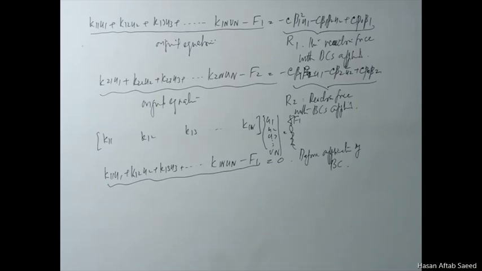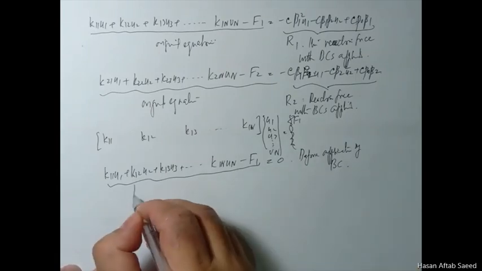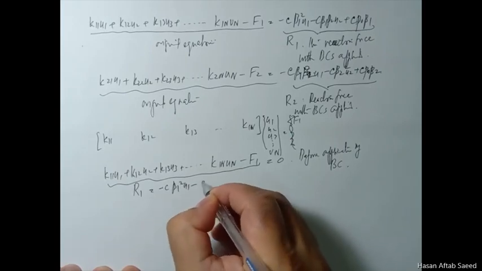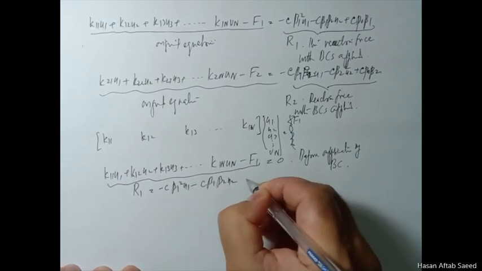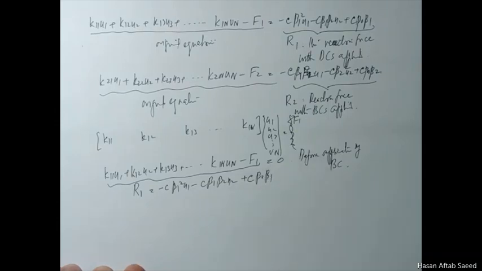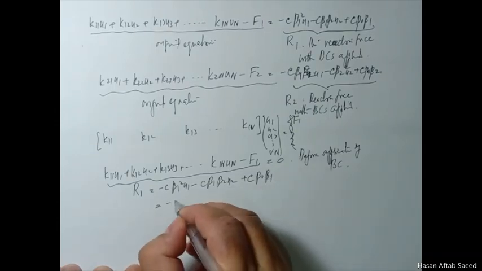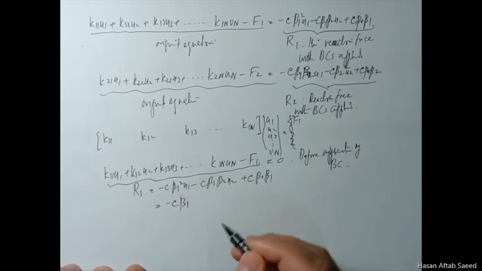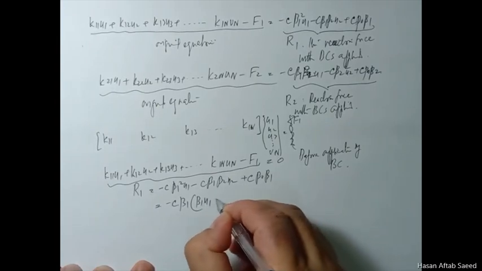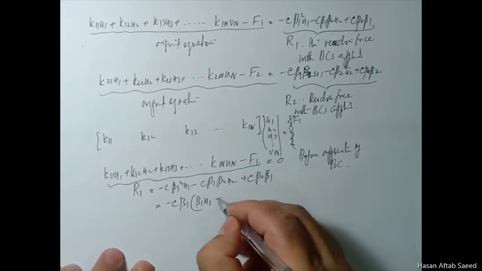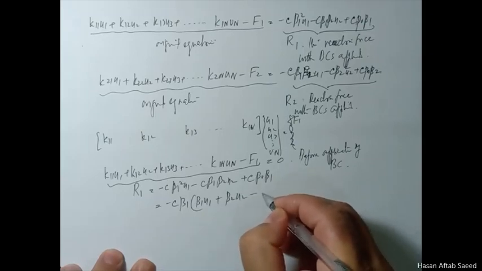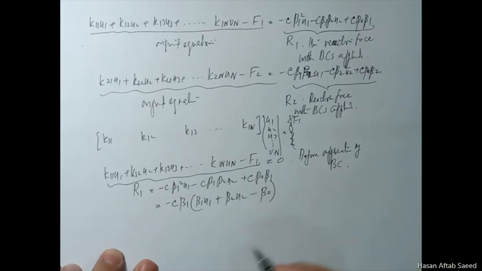So in other words, if now our job is done, R1 takes the form minus C beta 1 square U1 minus C beta 1 beta 2 U2 plus C beta naught beta 1, or written in a slightly different form, minus C beta 1 times (beta 1 U1 plus beta 2 U2 minus beta naught).